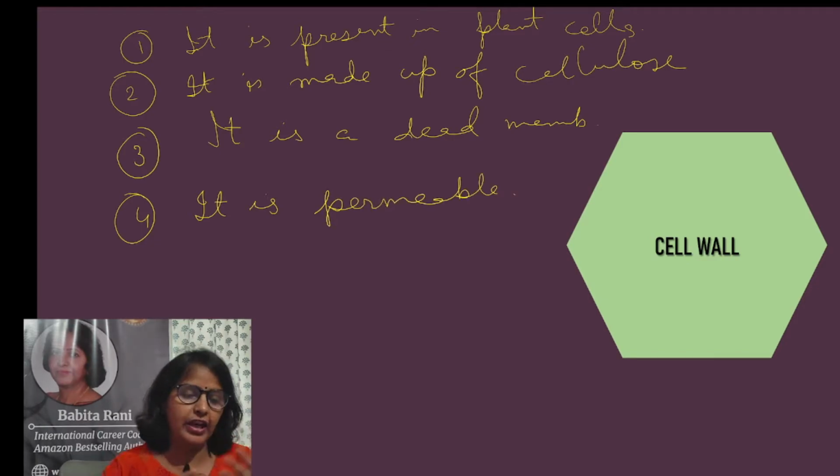Permeable means it is allowing everything to pass through it. Anything can move in and out of the cell. There are 4 terms over here. In the last slide we discussed semi-permeable and selectively permeable. The third one is permeable and fourth is impermeable. There are certain membranes which do not allow anything to pass through, and they are called impermeable membrane.